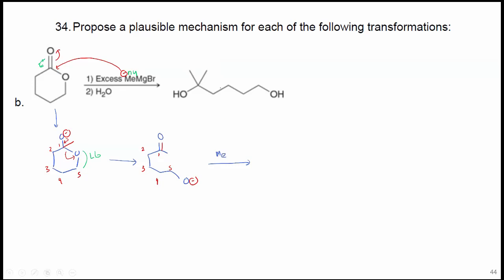There's a question: we don't add 2 methyl groups because of excess? We are going to add 2 methyl groups. The first one already got added, and then we're about to add the second one right now. So the first one gets added first, and then we get this intermediate with the ketone that reforms. And then that second methyl group can now add to the ketone, because Grignards can still react with ketones.